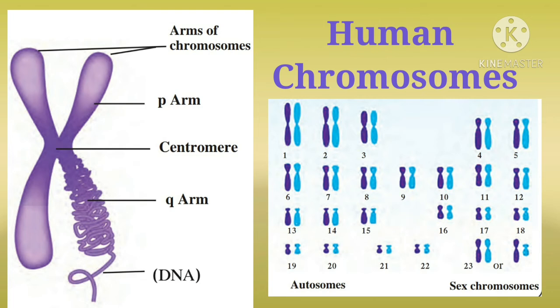In human beings, 23 pairs of chromosomes are present that hide the hereditary information. Out of 23 pairs, 22 pairs are called autosomes or body chromosomes, and 1 pair is called allosomes or sex chromosomes.